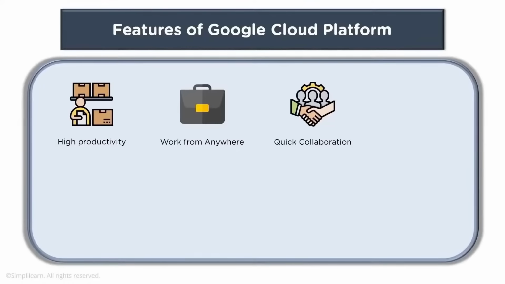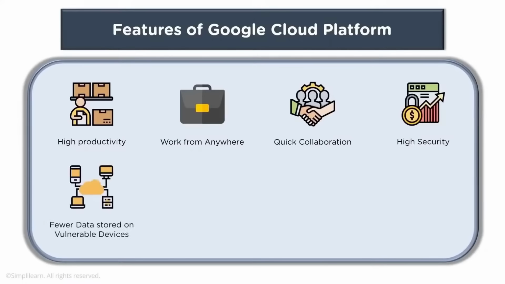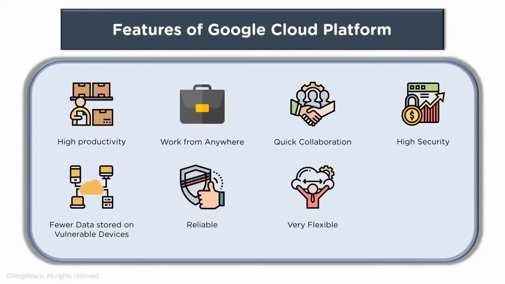You are benefiting from high security and the different encryption and security mechanisms which GCP offers. There are fewer sources, or you could say data, stored on vulnerable devices. There is high reliability, flexibility, and scalability, and the cost effectiveness really makes it a good choice when you want to benefit from infrastructure modernization and using a cloud platform solution for your use case.